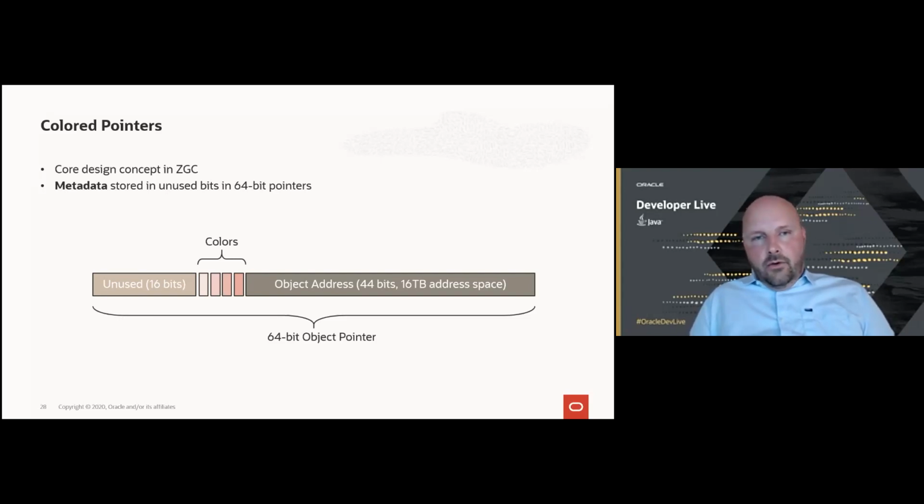This metadata we call colors, and it tells us something about the object this reference is pointing to. For example, it could mean that this object has been marked, or it has been relocated, or the object has moved, but we now need to figure out where it moved to.